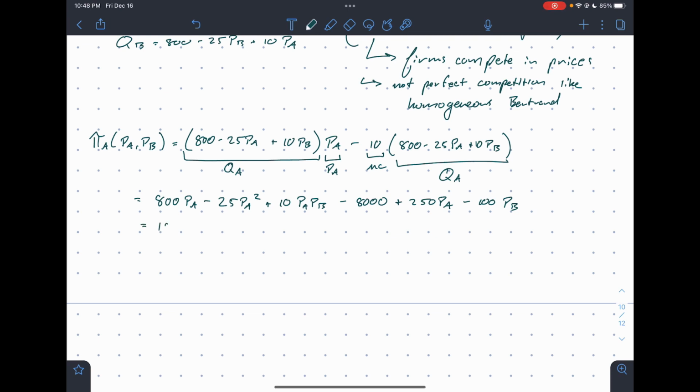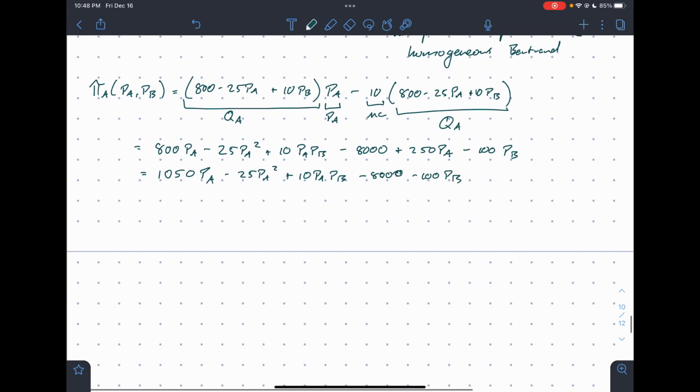This is 1050 PA minus 25 PA squared plus 10 PA PB minus 8,000 minus 100 PB. Okay, so I want to find the maximum of this with respect to PA.